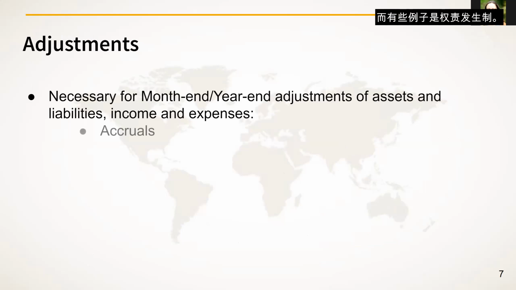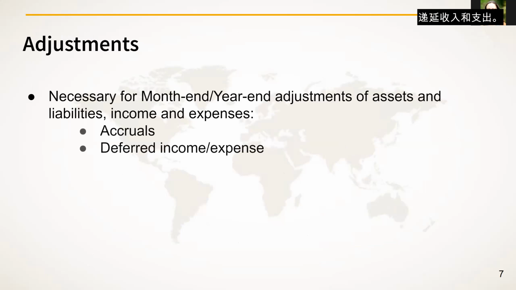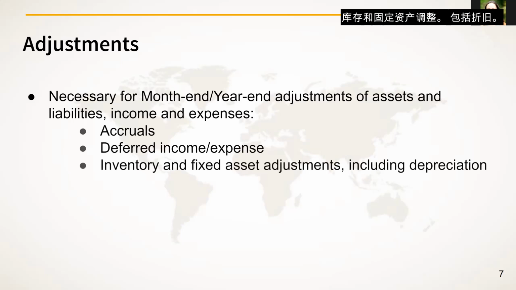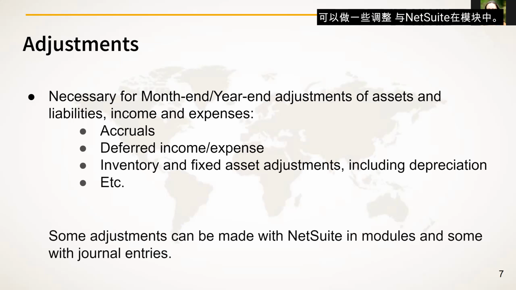Some examples are accruals, deferred income and expense, inventory and fixed asset adjustments, including depreciation, etc. Some adjustments can be made with NetSuite in modules, such as inventory and fixed asset adjustments, and some with journal entries, such as anticipated expenses, contingent liabilities, etc. And these adjustments are usually done, if not every month, at year end.